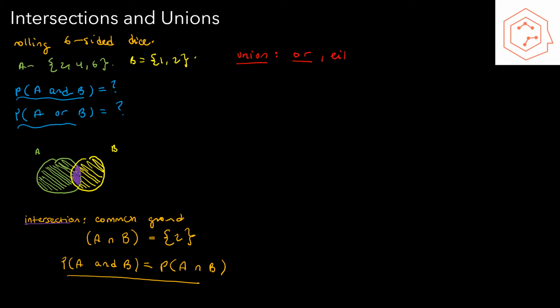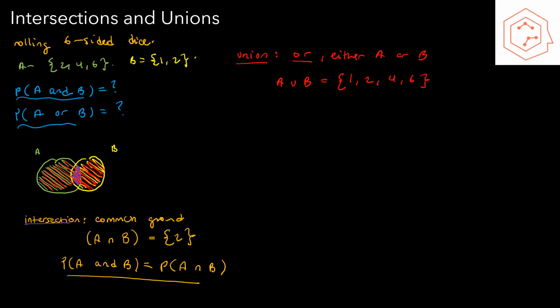So it's either A or B. In this case, our union is everything inside these two circles, since everything inside this circle satisfies either A or B. If it satisfies both of them, then it still satisfies A or B. And if we wanted to define that, we write it as A U B, and that would be equal to 1, 2, 4, or 6.